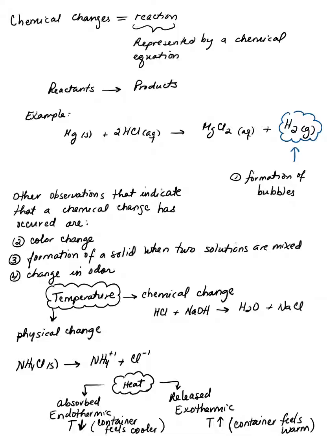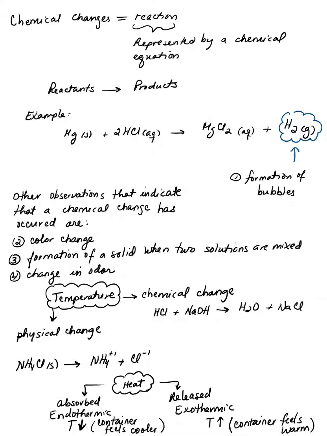We have solubility rules that we can use to identify which product in a chemical reaction is a solid. The formation of a precipitate indicates that one of your products is going to be an insoluble compound in water.